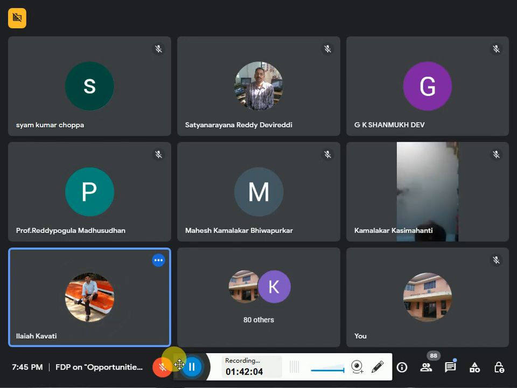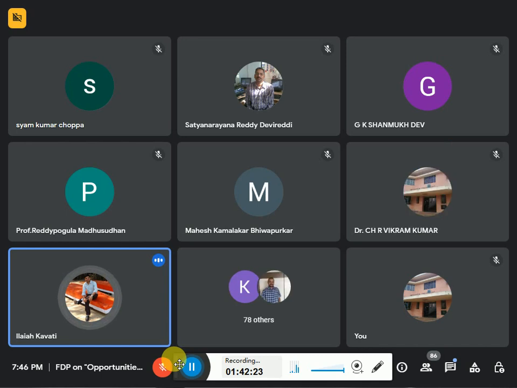Suppose while we search in, let's say, Amazon, if you search for a gas stove, let's say Prestige, it will recommend you some things.